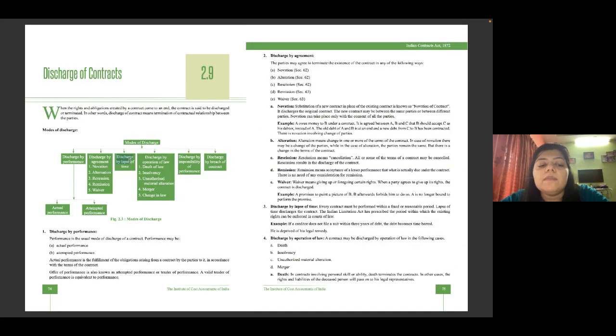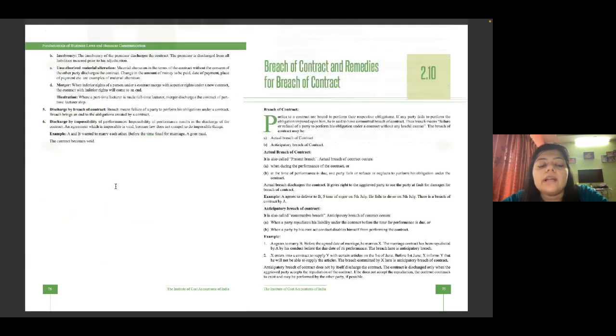This is what we were talking about, time being the essence of contract, either by death, insolvency, or unauthorized alterations, or say mergers or change in law for that matter, or impossibility of performance or breach of contract. It could be either through novation of the contract, alteration or rescission, remission or waiver of the particular contract.